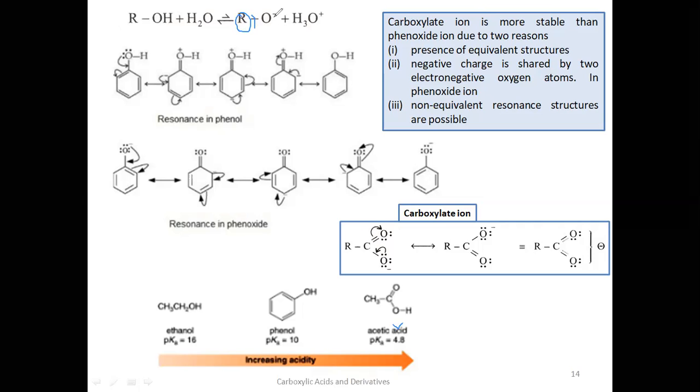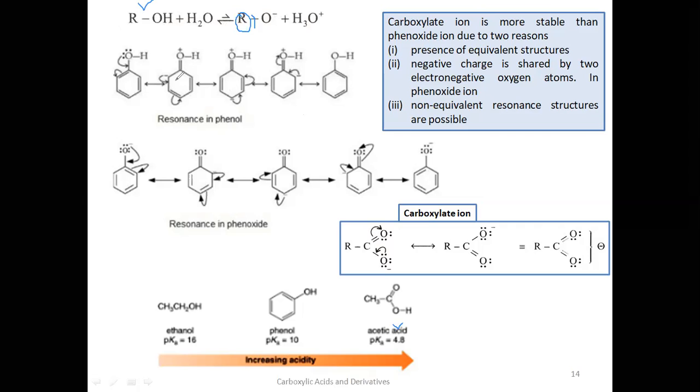So there is already a negative charge. Again, because of this electron releasing group, electrons are released towards the oxygen. That means there is electron repulsion. This makes it unstable. So it will try to exist in this form only. Therefore, the equilibrium is shifted more towards the left side. So it is a weak acid.